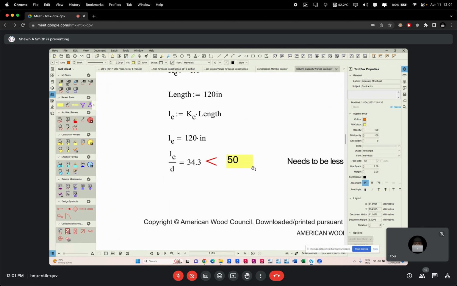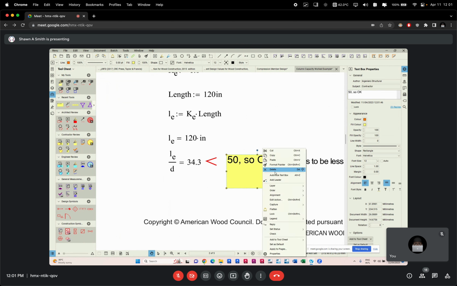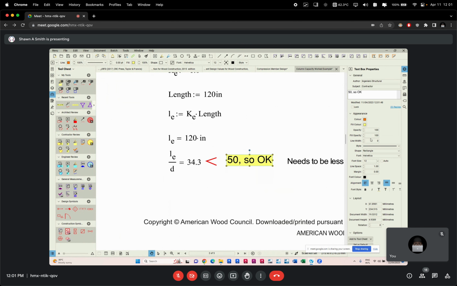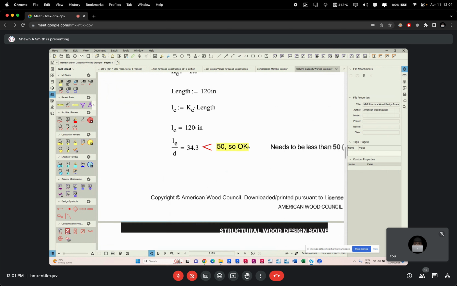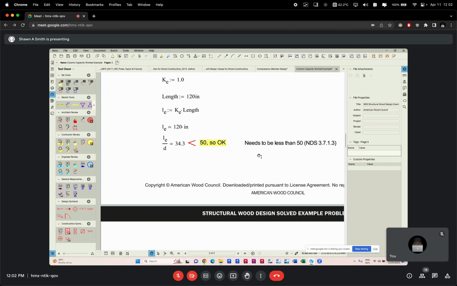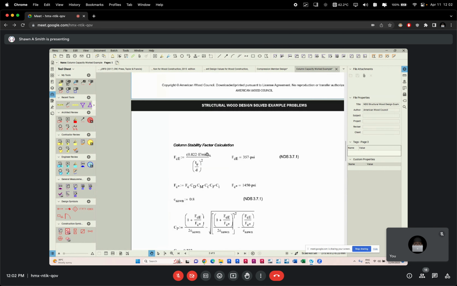So, okay. One right to right, so buckling is okay. It's not slender. All right. That is what took place right there. It's less than 50, so it's okay. All right. So we can move on. It's not slender, so we can move on.